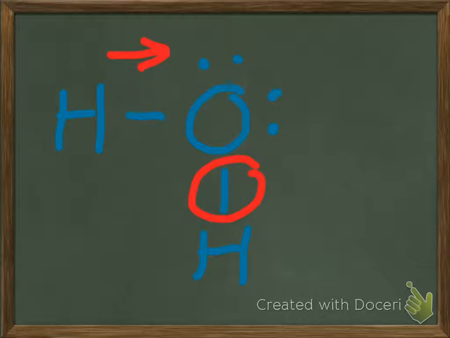Now where we're going to go next is where things get a little more complicated. So if I go back to this, I can answer the question here: yes, I have two polar bonds. Each bond here between the hydrogens, hydrogen is weaker than oxygen, and therefore the electrons are going to shift towards oxygen. We would classify those as polar bonds.